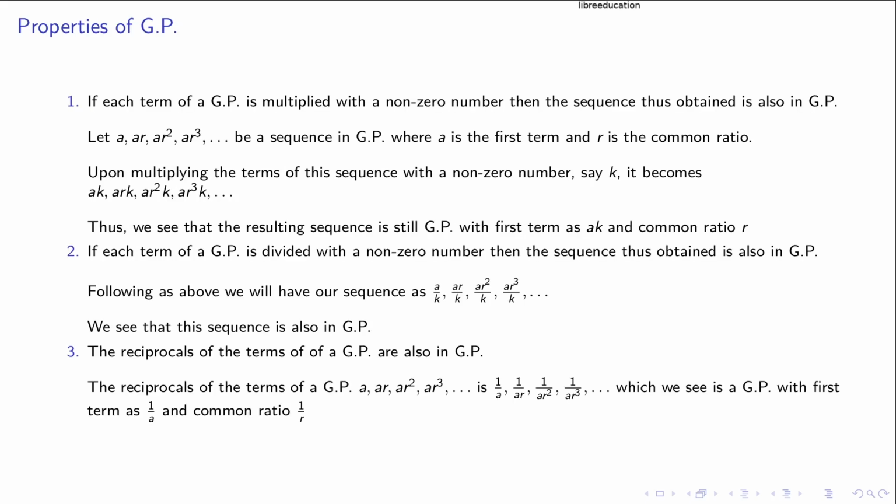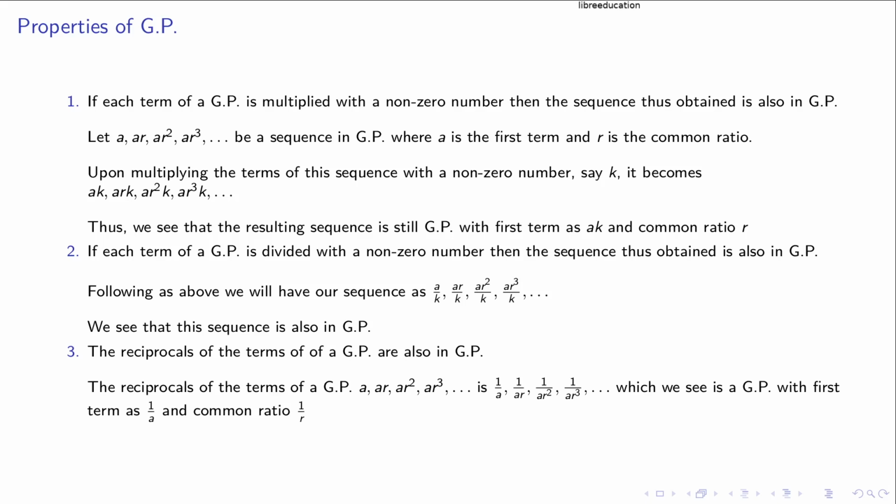Now, let's look at the properties of a GP. If each term of a GP is multiplied with a non-zero number, then the sequence thus obtained is also in GP. So we have assumed that A, AR, AR square, AR cube is a sequence in GP where A is the first term and R is the common ratio.